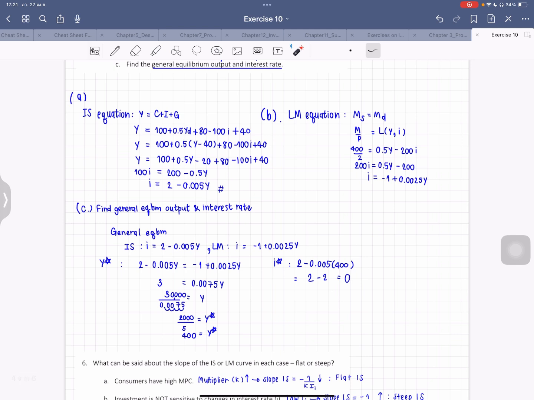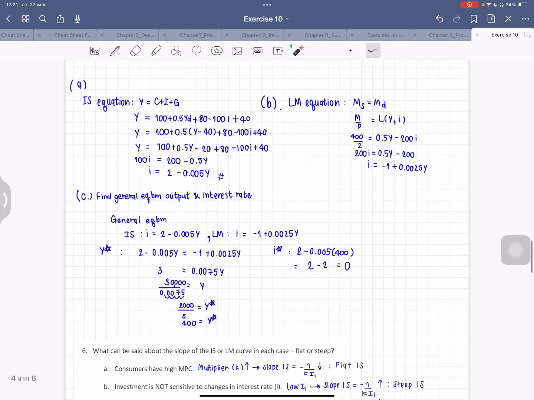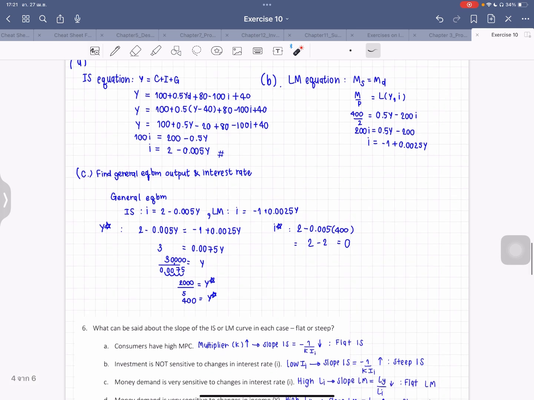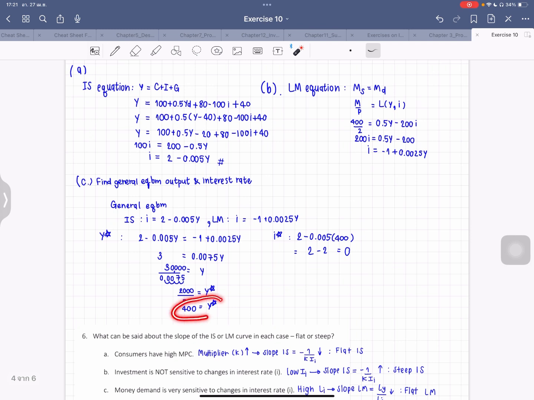So IS is I equal to 2 minus 0.005 Y. LM is I equal to minus 1 plus 0.0025 Y. So you set the two equal. So you can get Y star by solving, and you get 400 as the equilibrium output. So you substitute the 400 equilibrium output in to get the equilibrium interest rate. So you can get 0.